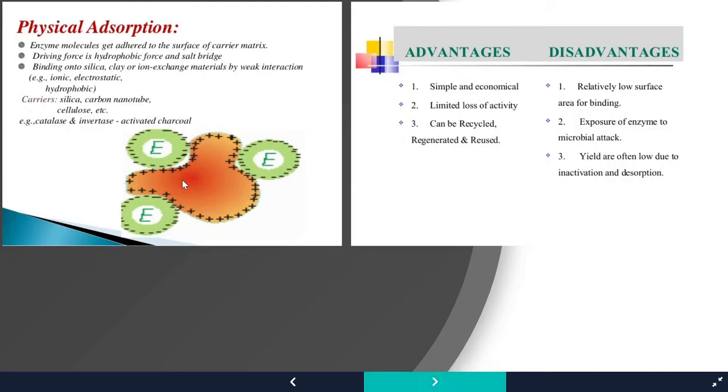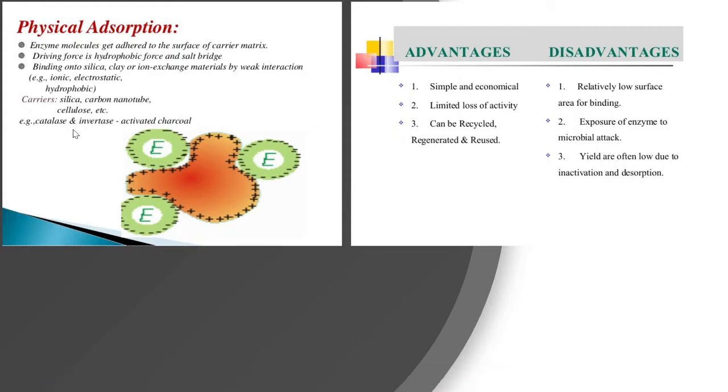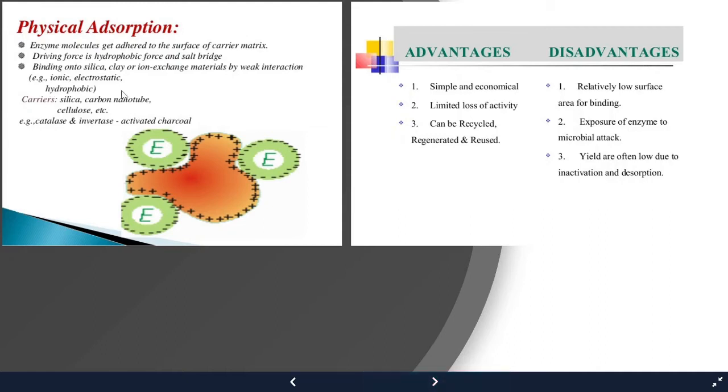The enzyme gets adhered over the supporting material. The carriers we generally use here are silica, carbon nanotubes, cellulose, etc. The enzymes that can be adsorbed using this method are catalase and invertase.